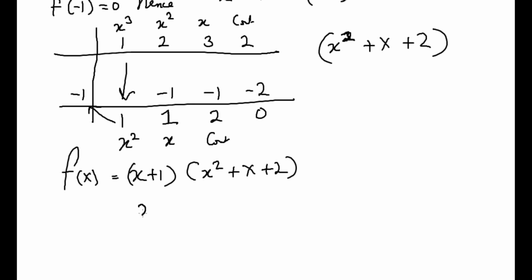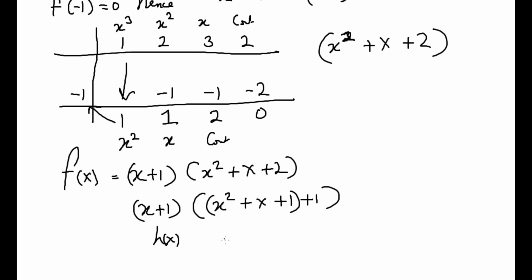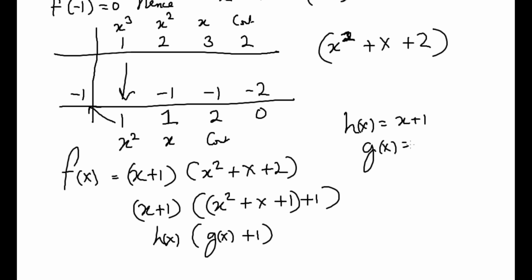Now modify this a little bit: x square plus x plus 1, plus 1. If I write this whole thing in brackets, this is h(x) and this is g(x) plus 1. Hence h(x) is actually x plus 1 and g(x) is x square plus x plus 1.